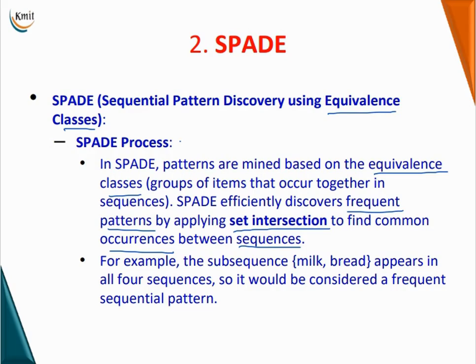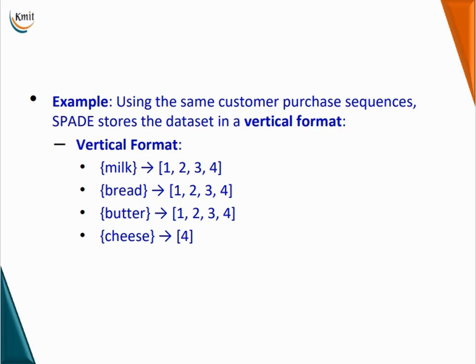For example, the subsequence milk, bread appears in all the four sequences. We are going to see an example in which milk, bread appears in all four sequences, so it could be considered a frequent sequential pattern.